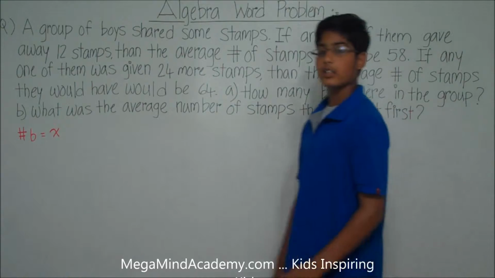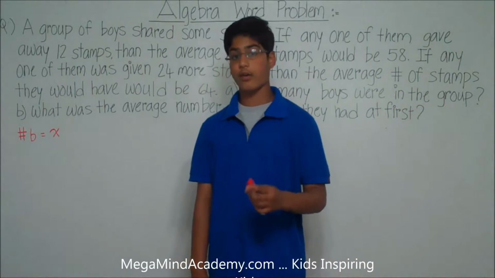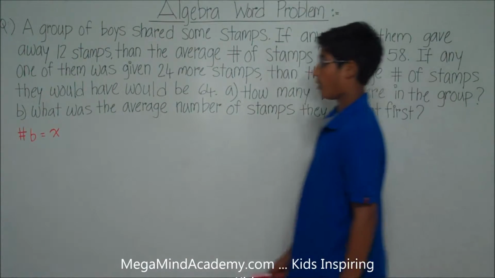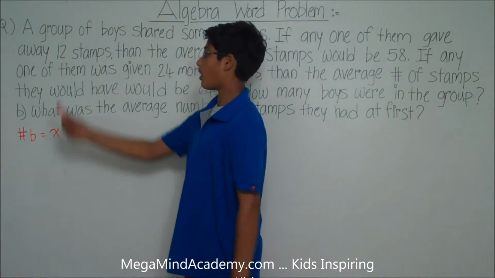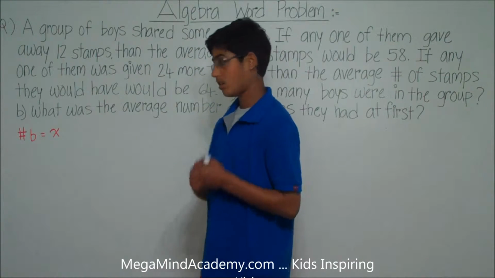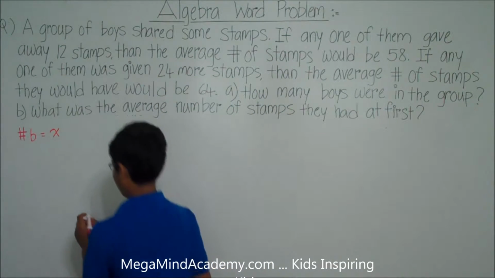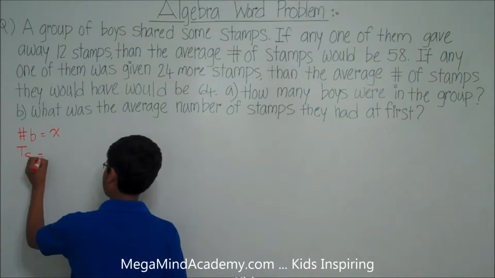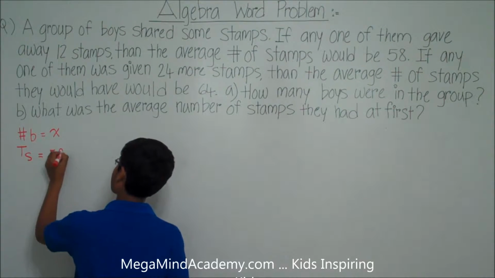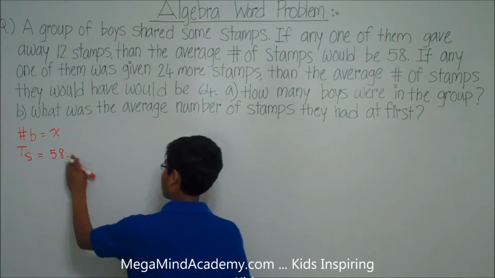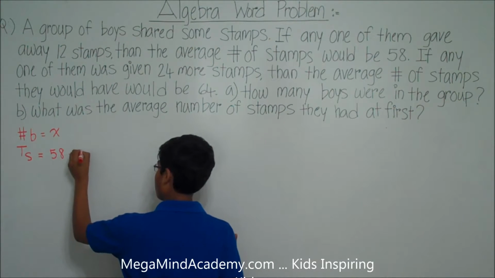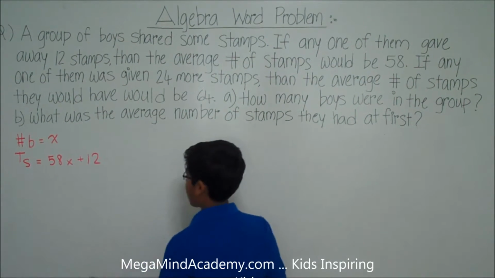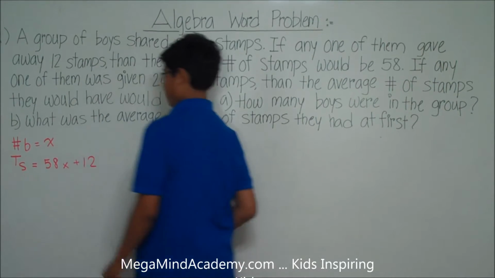So this means that the total number of stamps right now is equal to 58 times the number of boys, which is X, plus the 12 stamps that someone would give away. So total stamps, T for total, S for stamps, is equal to 58X plus 12. The 12 stamps that one of them would give away.